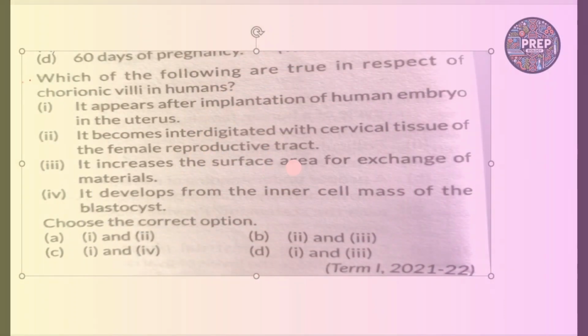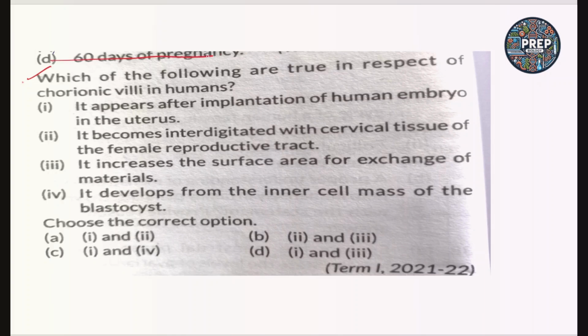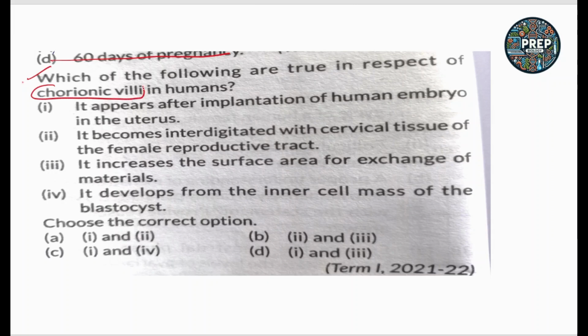The next question is, which one of the following is true with respect to the chorionic villi in humans? Okay, so we know that when the female is pregnant, the chorionic villi are formed that surround the placenta. So you all have to find out the correct statement. First statement is, it appears after implantation of the human embryo in the uterus.